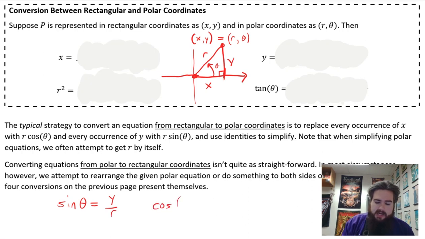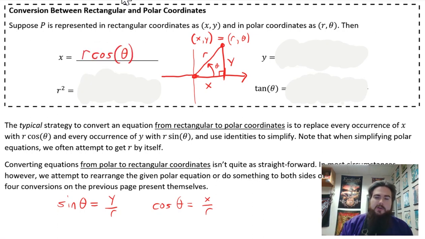And cosine of theta would be the adjacent over the hypotenuse, so x over r. Since r and theta are polar coordinates, I can put those together by multiplying those equations by r, and I can come up with our first set of equations used for conversion: x equals r cosine of theta, as well as y equals r times sine of theta.